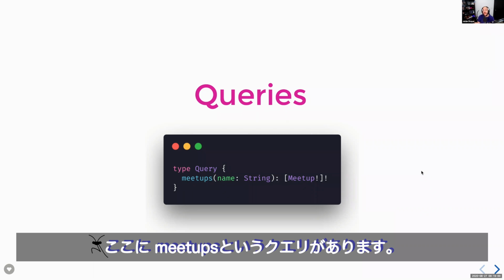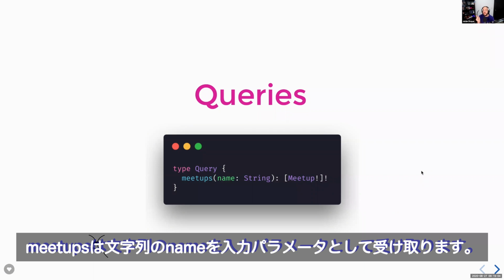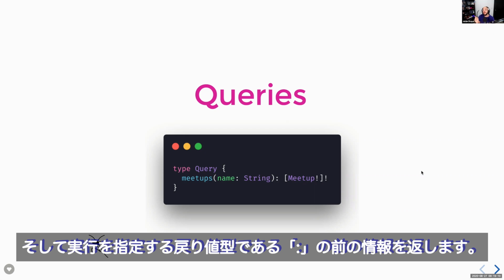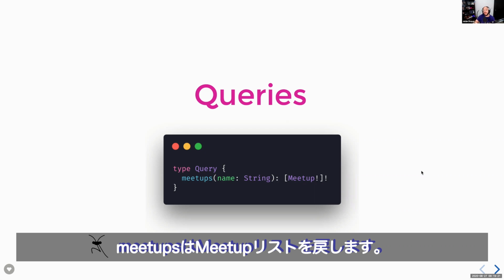So here I have a query called Meetups that receives an input parameter, which is the name of type string, and returns the information before the colon, which represents the return type of my operation. So this Meetups method returns a list of meetups.